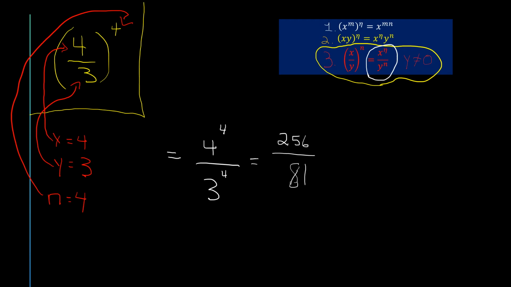Oh, and by the way, make sure that you don't divide by 0. You see where it says y is not equal to 0? So what that means is, if you go back up here, we cannot divide 4 into 0. We can't do that. That's a no-no. Okay?